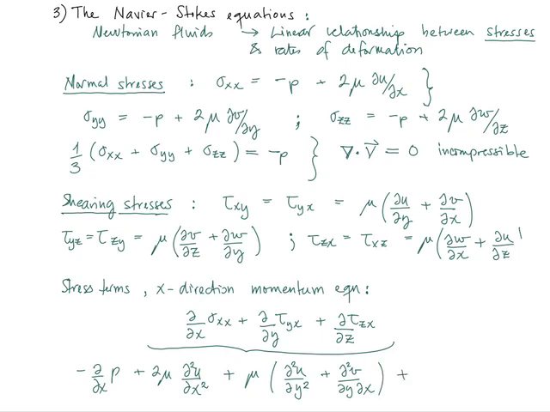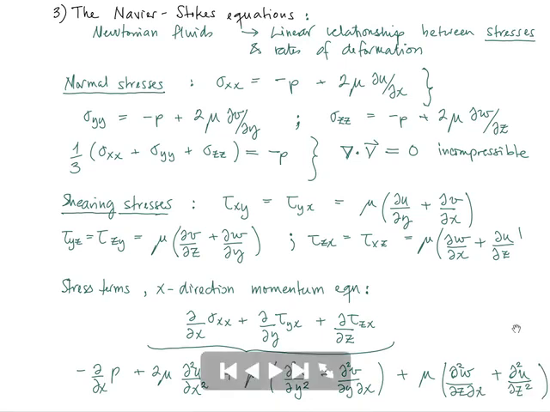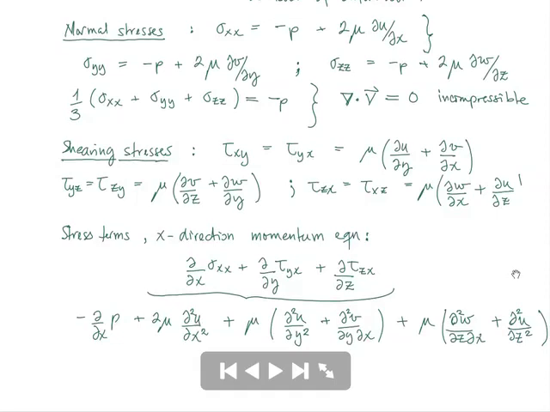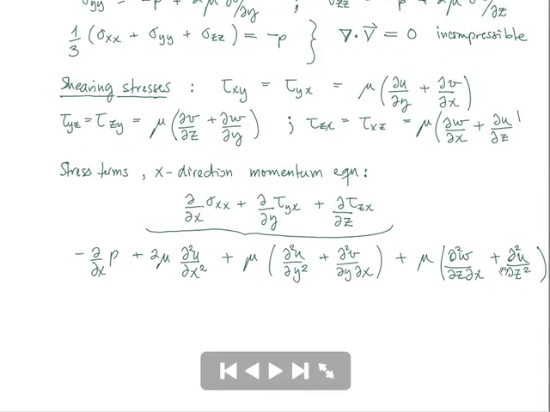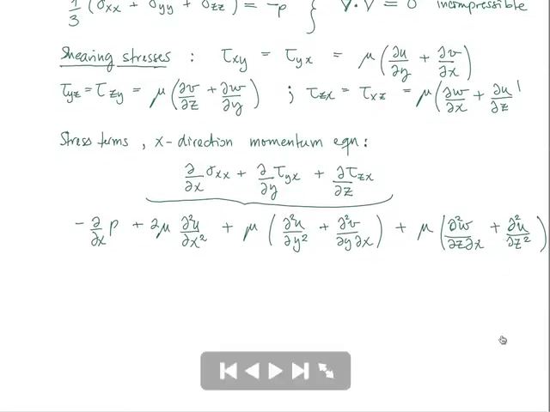The third stress term also multiplies mu, and we're going to have the second order derivative of w with respect to z and x, plus the second order derivative of u with respect to z twice. So those are our stress terms, now all expressed in terms of the velocity, the rates of deformation, the velocity derivatives.